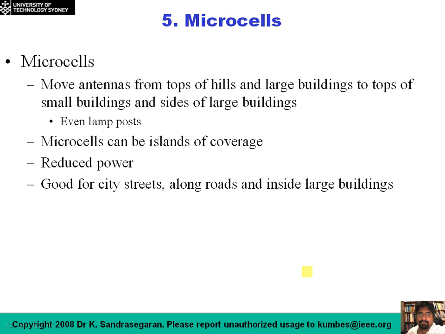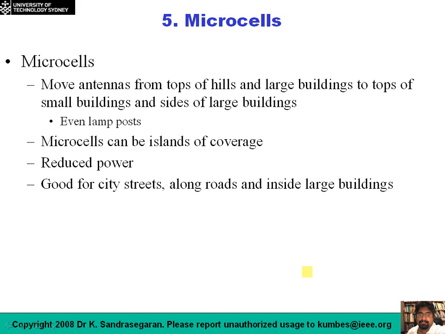And sometimes when you're moving fast, say when you're moving in a car, the network will detect that your velocity is high, and it will move you to a macrocell because you need a larger cell when you're moving faster, whereas when you're a pedestrian walking on the road, it'll detect that your velocity is not that high, and it'll keep you on a microcell. So there are also handovers that it can do from microcells to macrocells in order to achieve better coverage and better capacity.